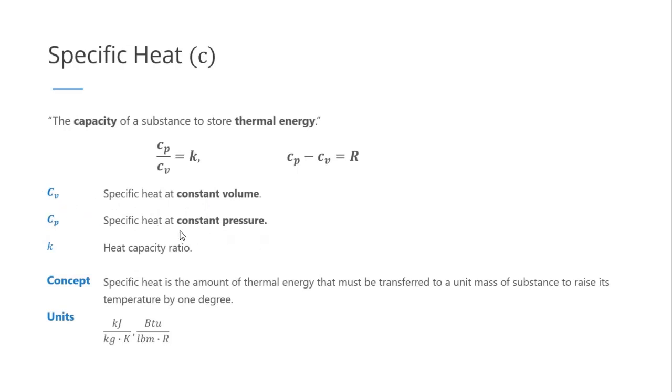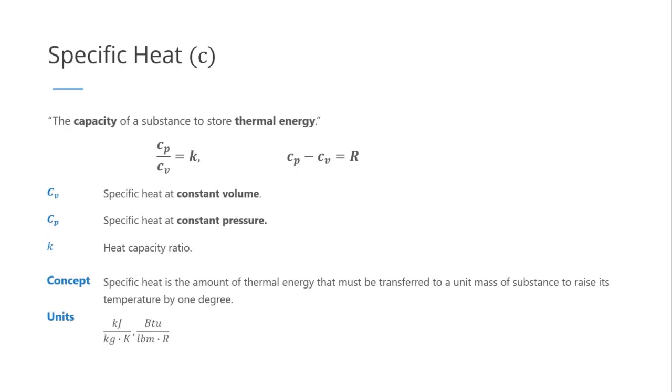At constant pressure, we use Cp. For air, the Cp is 1 kJ per kilogram Kelvin. The ratio of Cp to Cv is equal to K, or the heat capacity ratio. For air, this is 1.4.